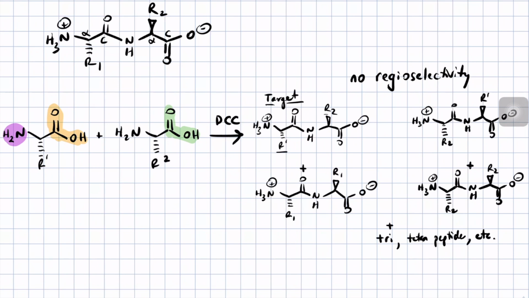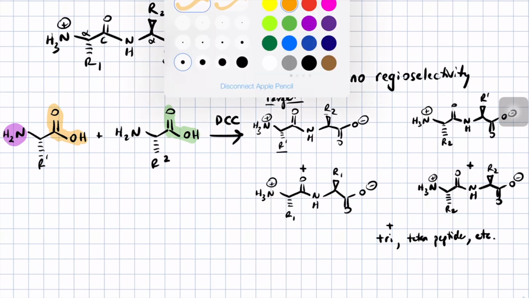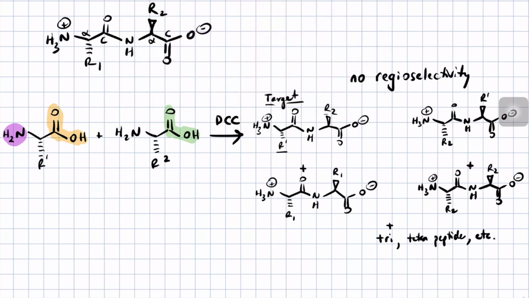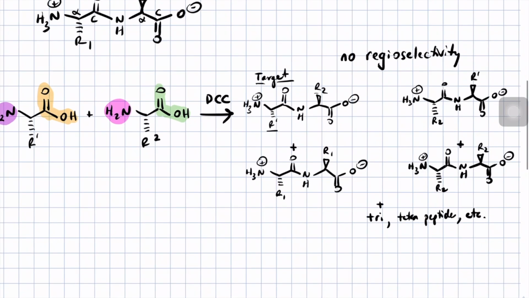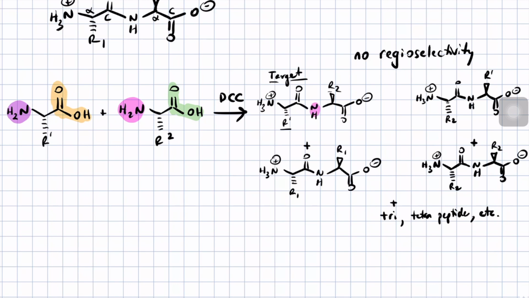And at the same time, the pink amine can react with the green carboxylic acid group on another molecule just as easily as it can react with the orange carboxylic acid group on the R1 amino acid. Let's just make that clear by labeling the connections we see.